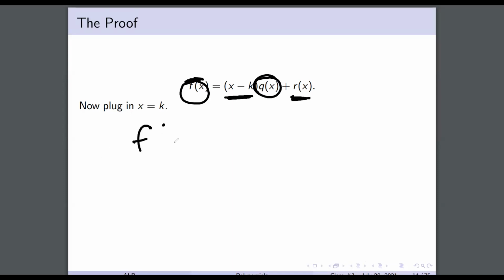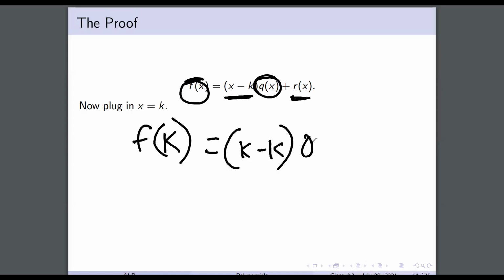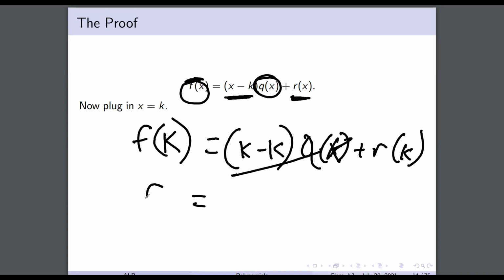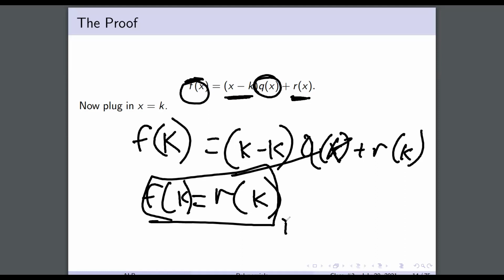So if we plug in k, f of k equals (k minus k) times q of k plus r of k. However, since k minus k is 0, this can be canceled out, and we're left with f of k equals r of k. So thus, we've proven it.